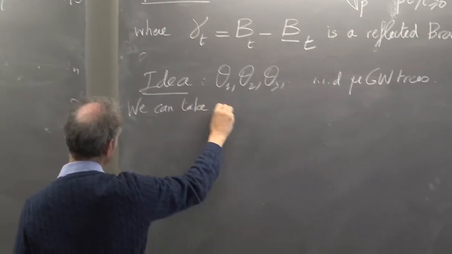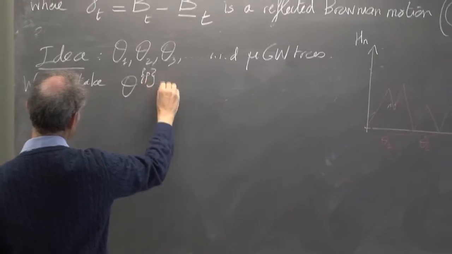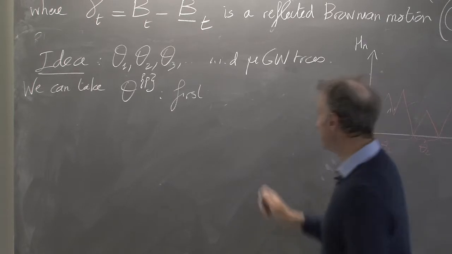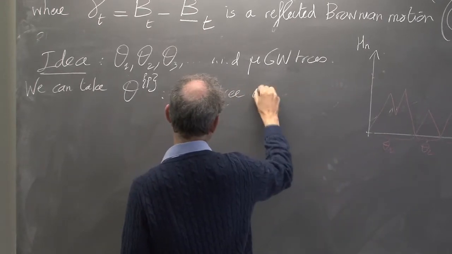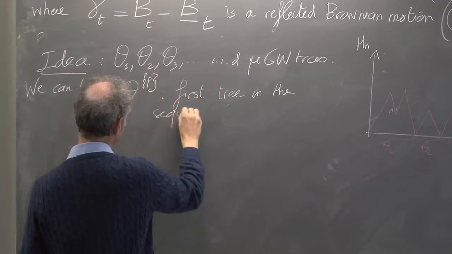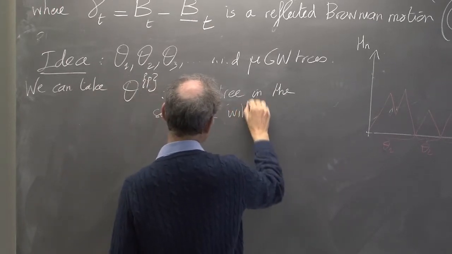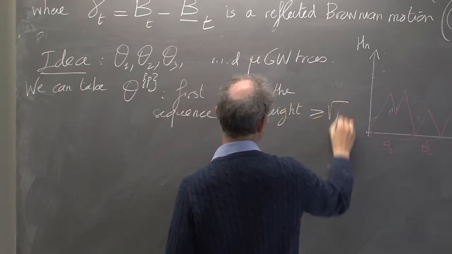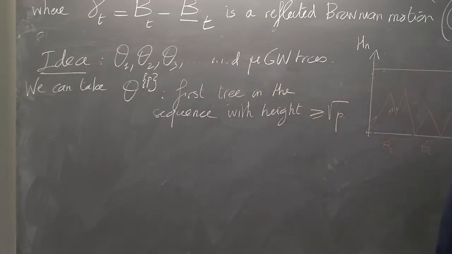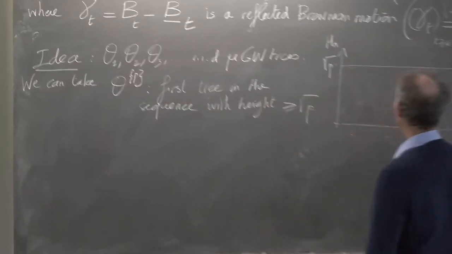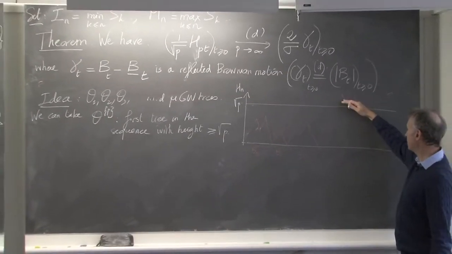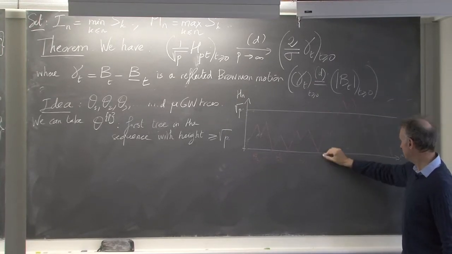We can take this theta brace P to be the first tree in the sequence with height at least square root of P. So eventually here, there will be a first tree in the sequence with height greater than square root of P. It's the same as saying that the maximum of the height function is greater than square root of P, and so here it will be this tree here.